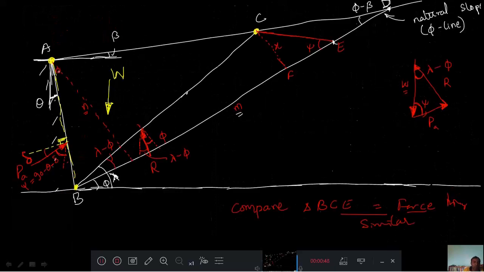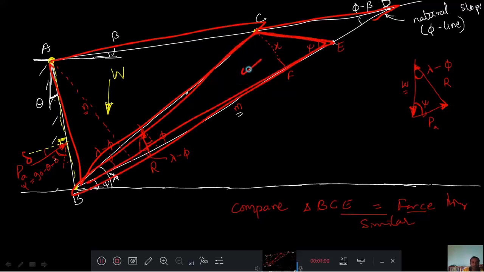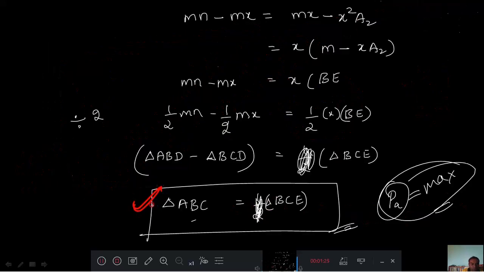Here they are going to tell you that this triangle area and this triangle area must be equal, in such a way that you need to draw the BC line with the lambda, then you will get the PA maximum. This much was said by Coulomb, and after that this will be carried forward by Rankine. That we will see in the next class.